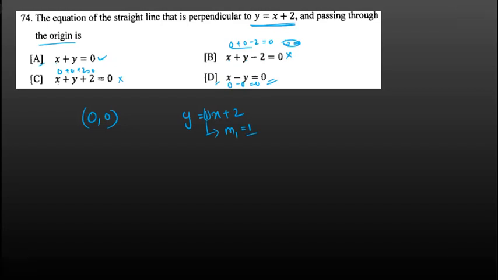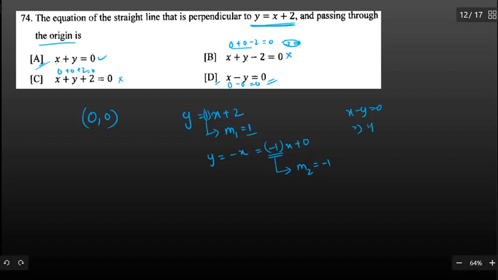Okay, now if we check this equation A, x plus y is equal to 0, that means y equals minus x, or we can write minus 1 into x plus 0. So let us write m2 is equal to minus 1. And for D, we write x minus y is equal to 0, or y equals x. So for this, slope will be 1. Again, m3 is equal to 1.